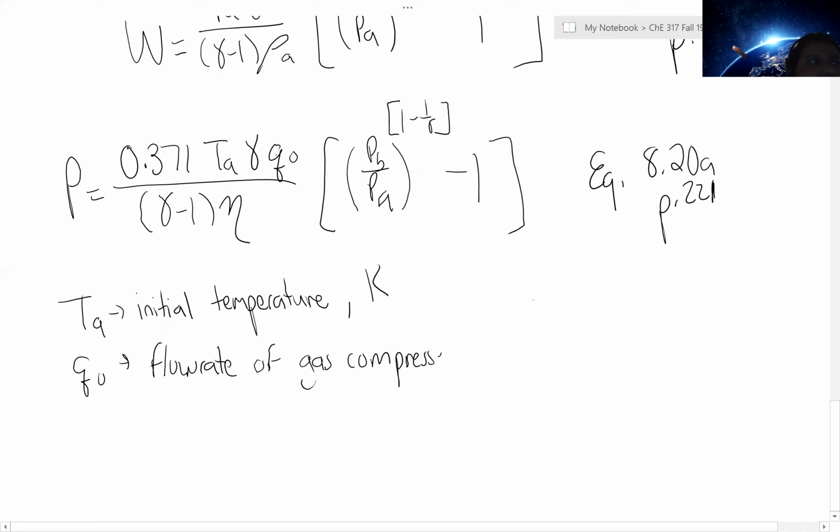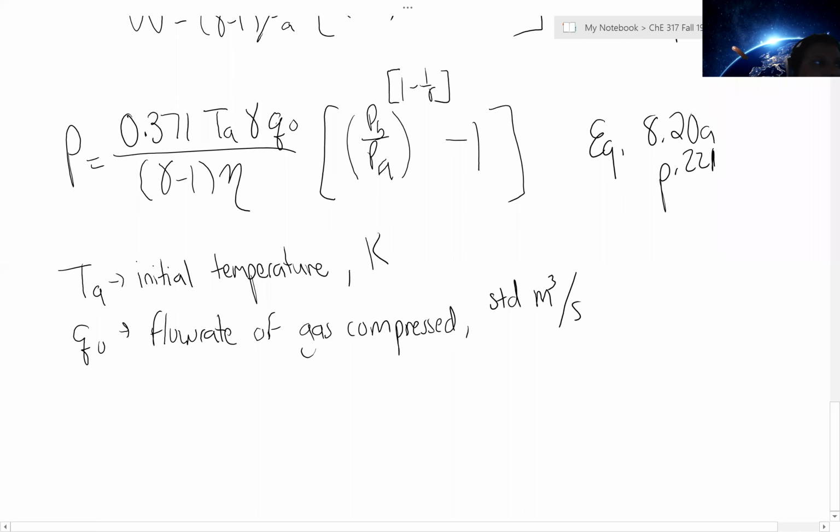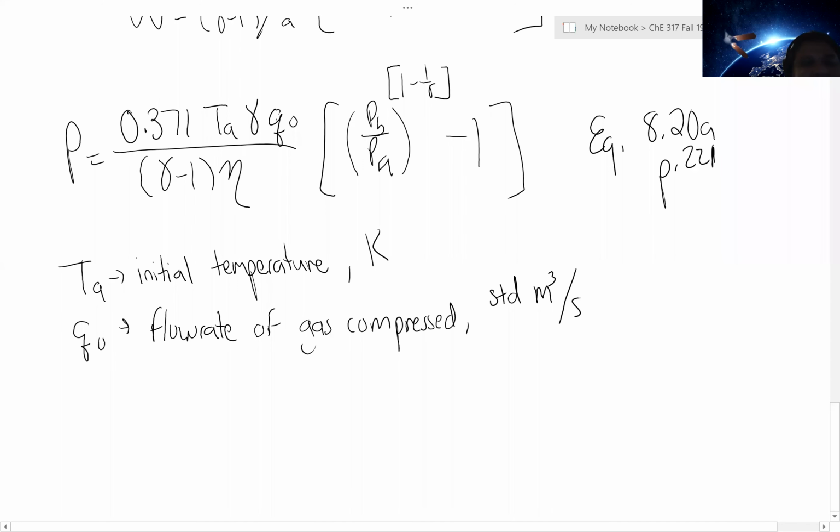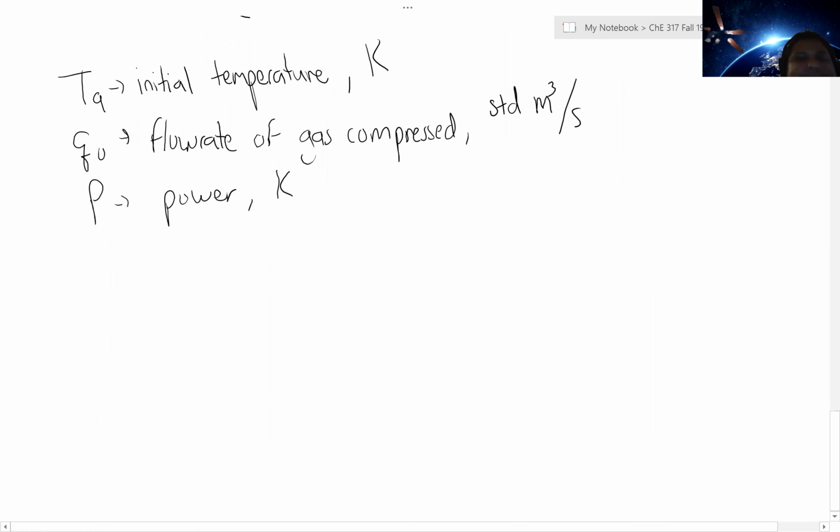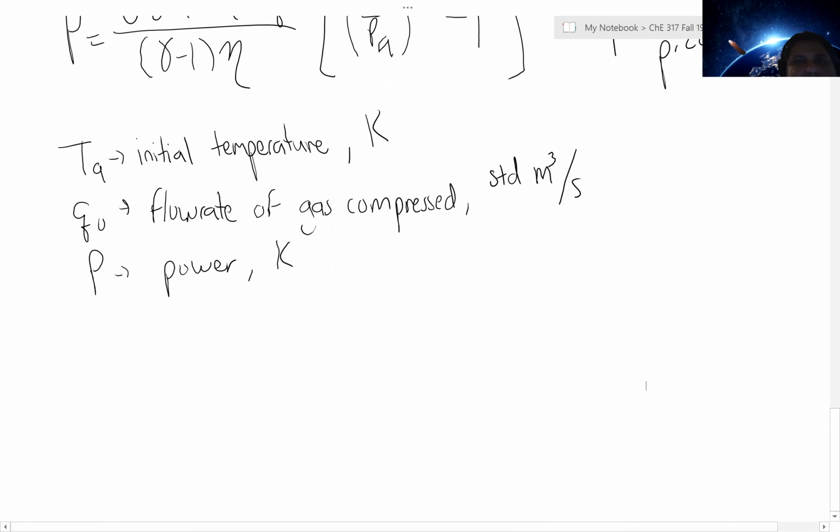But it has to be expressed in standard cubic meters per second. And this provides power in kilowatts. And if you're going to look at it in terms of English units, here I'll zoom out.